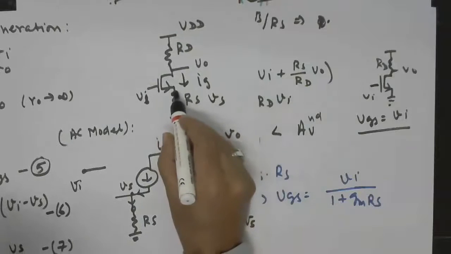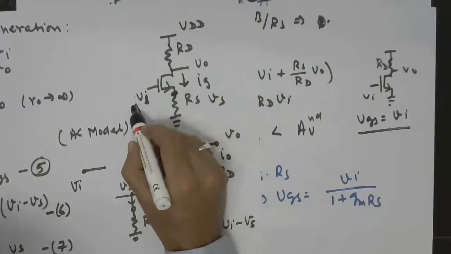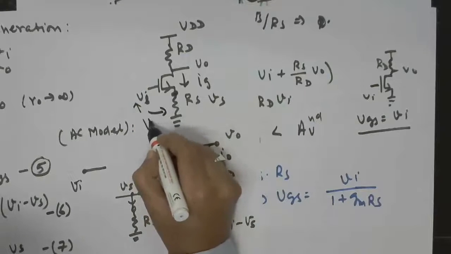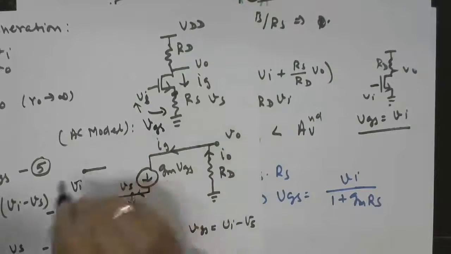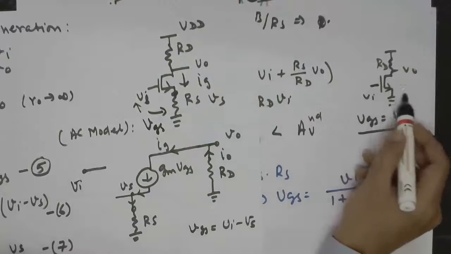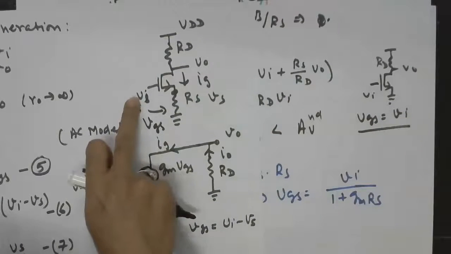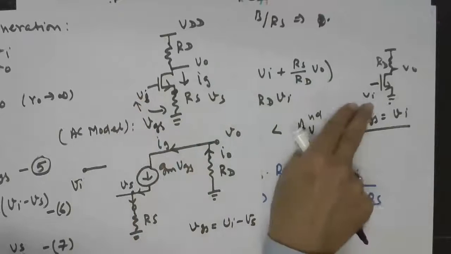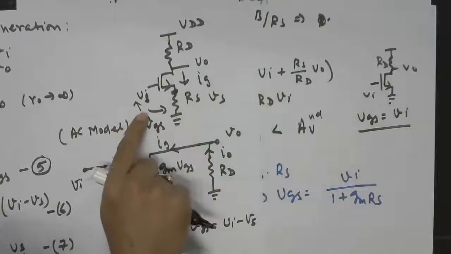Since there is now a certain positive time varying voltage at the source, the net gate to source voltage is going to be smaller compared with the undegenerated case, for the same input which we are applying to both the cases.